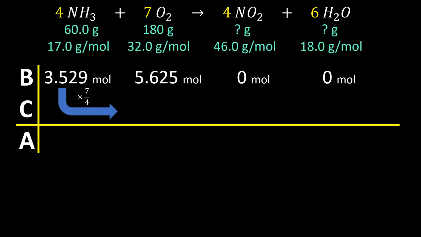So I'm going to multiply by the 7, which comes from in front of the oxygen, divided by the 4, where the 4 comes from the number in front of the NH3, to find the number of moles of oxygen gas required that would need to be consumed in this reaction.